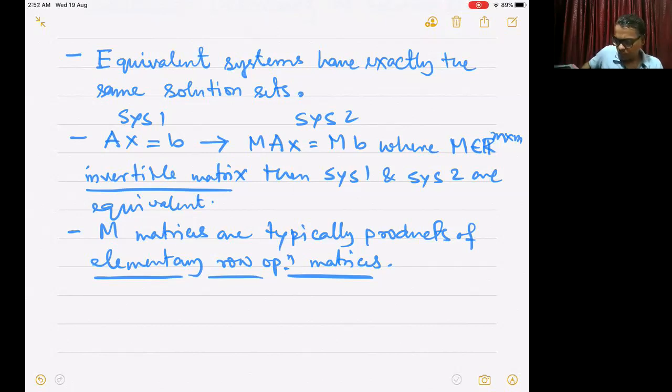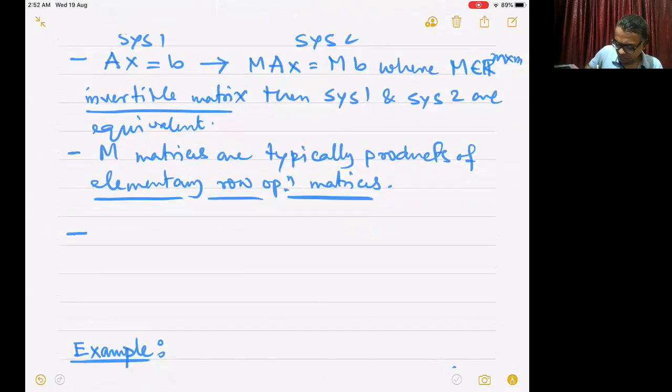And then we found out that with elementary row operation matrices, one can convert a matrix into a so-called row reduced echelon form. How does this help us in solving a given system of linear equations? The idea is that if we are given a system of linear equations, and we can convert that system into another equivalent system, the solution set will remain the same because it's equivalent.